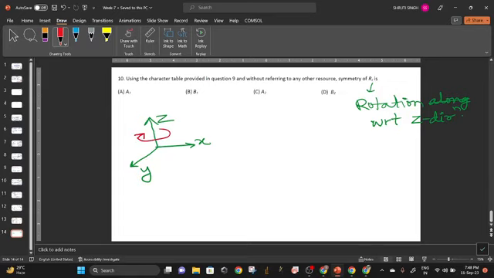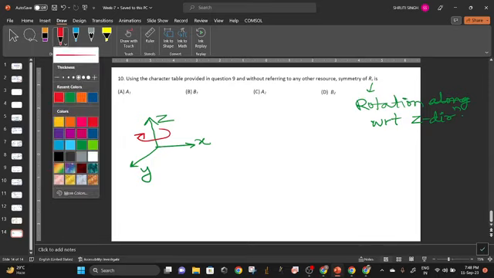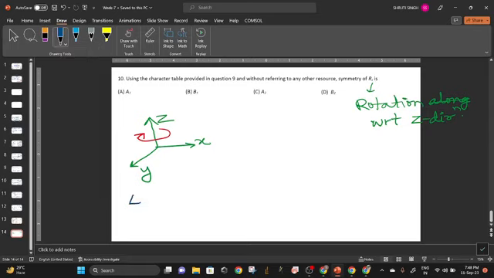So this means Rz. Now if we apply I, what will happen? No change. If we apply E, under the identity operation there will be no change, so obviously it is 1. Under E, always the character will be 1.